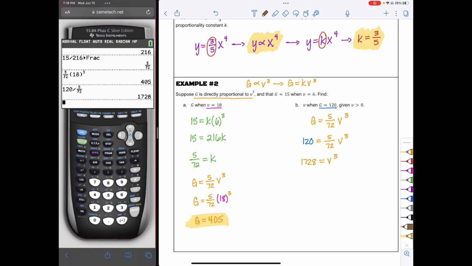We should also know that the opposite of cubing is to take the cube root of both sides. To take the cube root in the calculator, you will press math and then go down to option number 4, and then type in 1728. The cube root of 1728 is 12. So we know that V will be equal to 12 in this case.